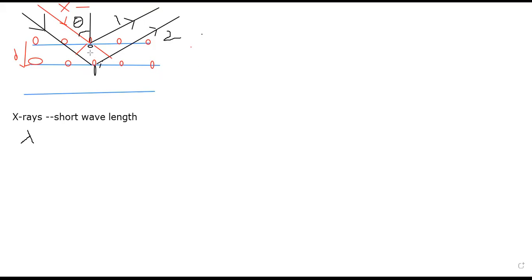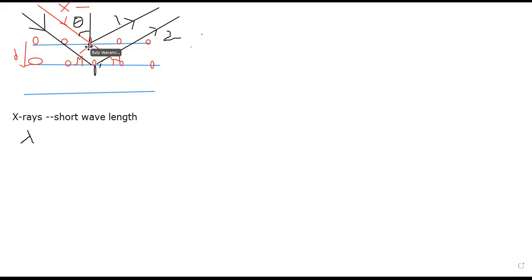And if you look at this one, I will denote these two normals here, one as M and another as N. If you look at this, before this OM line, these two X-rays travel an equal distance.